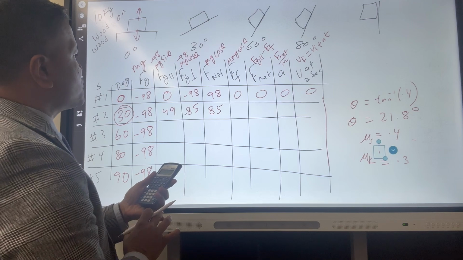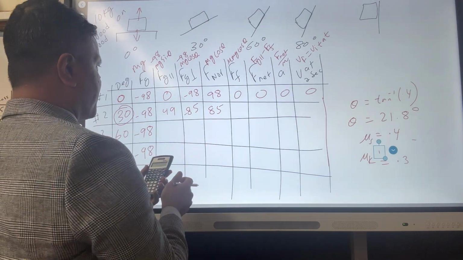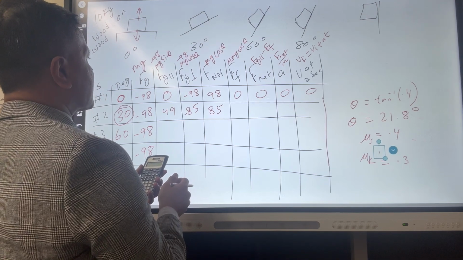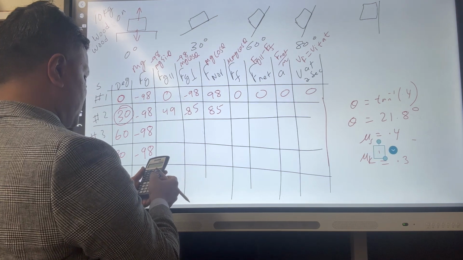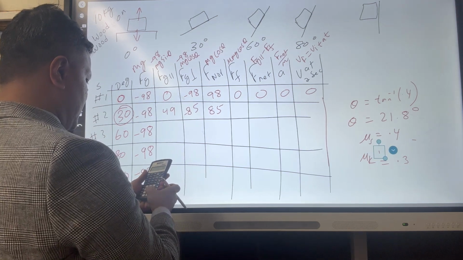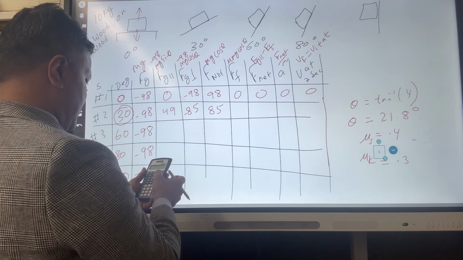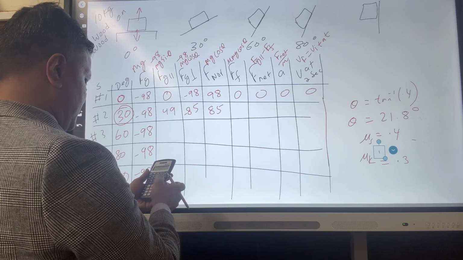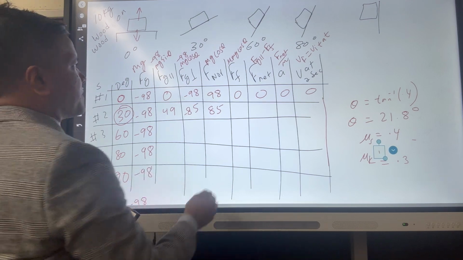And Fn is how much? 85. Yes, 85. 0.3 times 85, and that is 25.5.